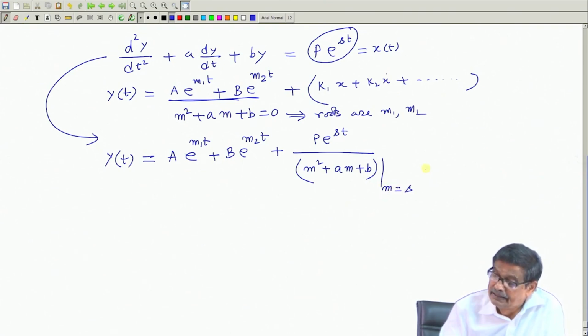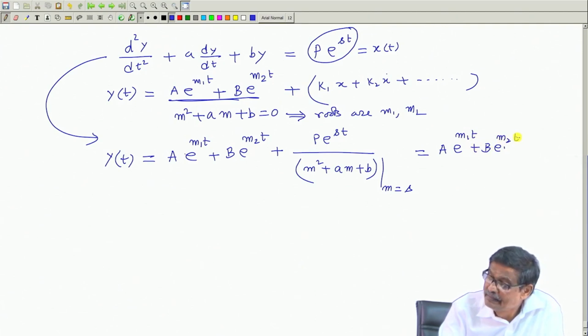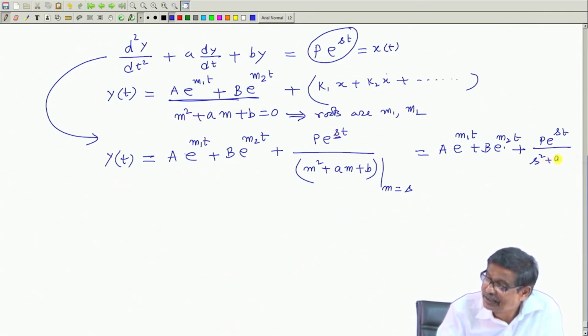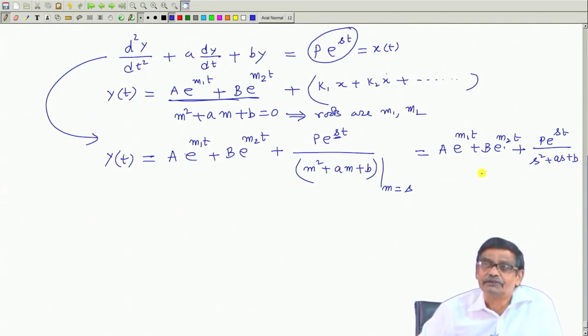That is a into e to the power m 1 t plus b into e to the power m 2 t plus p into e to the power s t by s square plus a s plus b, and you are ready with the solution.